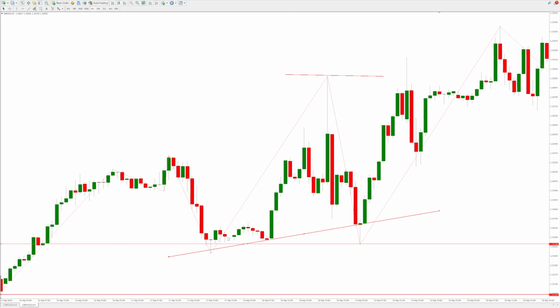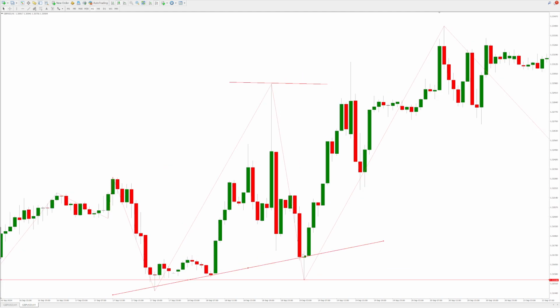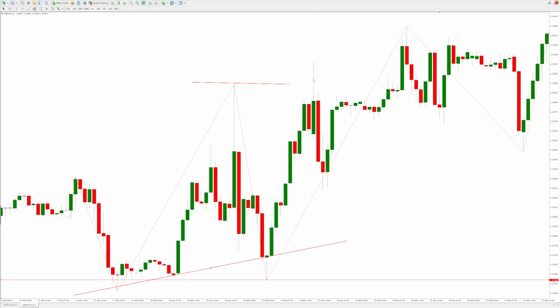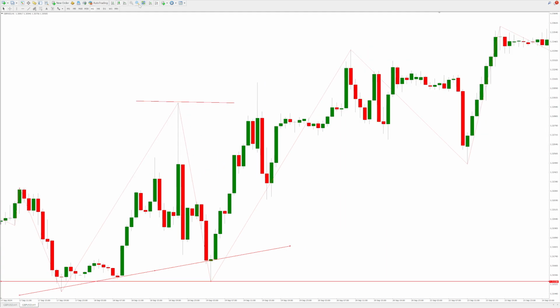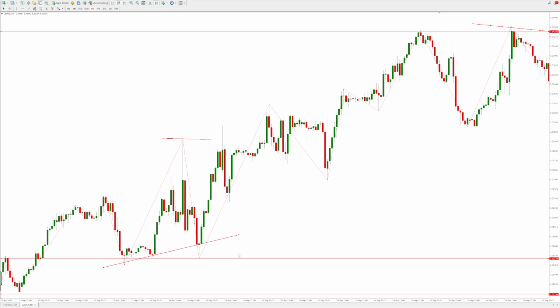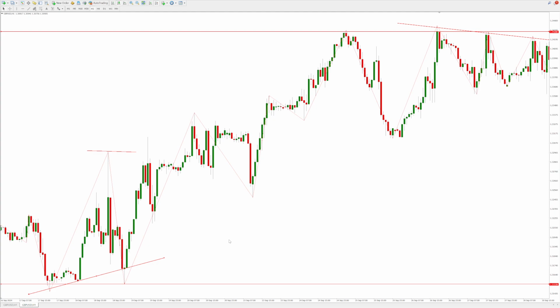We have bullish price action, this hammer candlestick pattern here. We could have looked to enter on the pullback rather than the breakout. So there's really various different ways you can trade with the zigzag indicator, or just basically support and resistance levels.